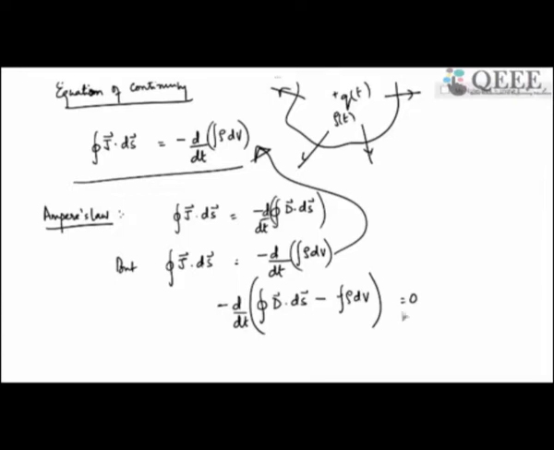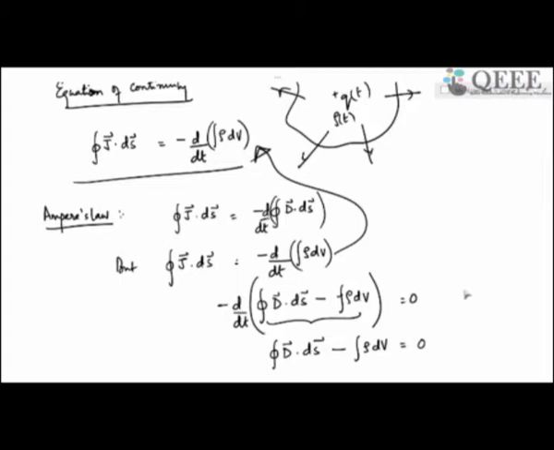Now, obviously, if the derivative of something is 0, it means that this term is constant with time, which means that D dot ds minus rho dv is constant, and there is no other evidence which tells me that this constant is non-zero.